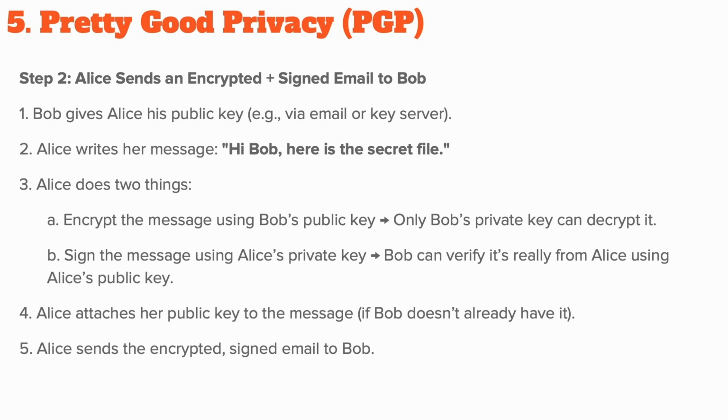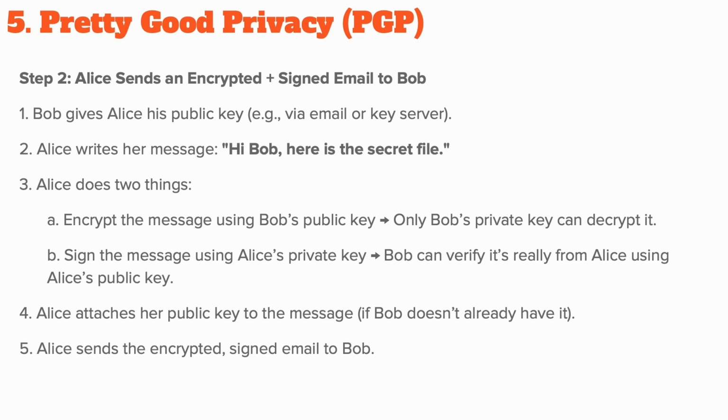Step 2. Alice sends an encrypted and signed email to Bob. First, Bob gives Alice his public key via email or key server. Second, Alice writes her message. Hi Bob, here's your secret file. Then Alice does two things.